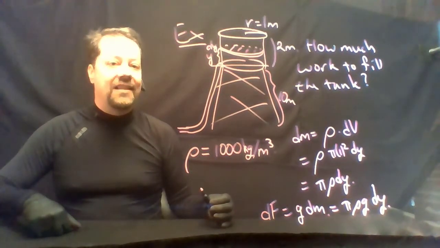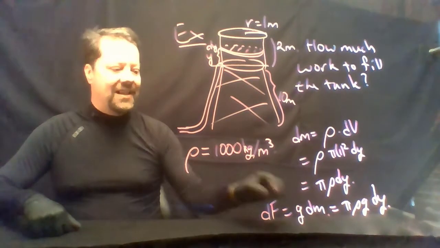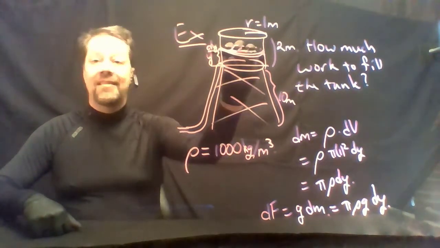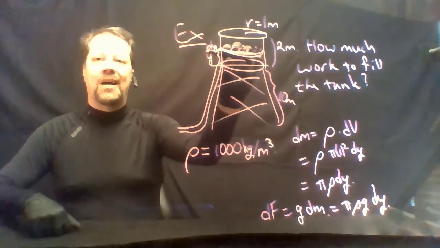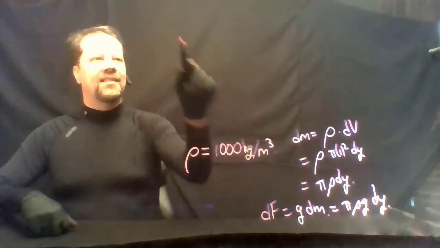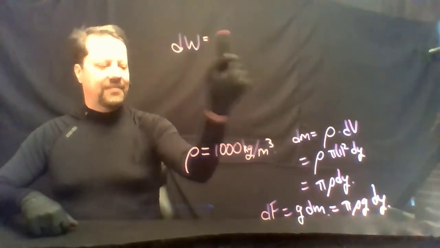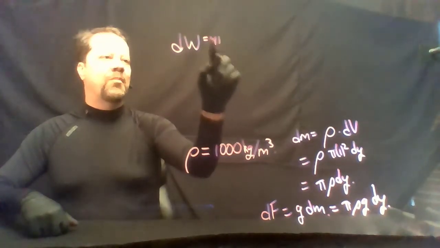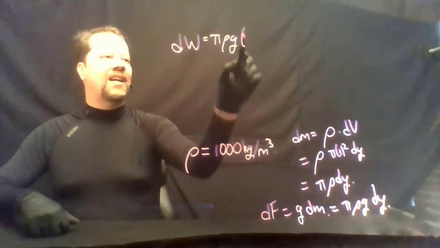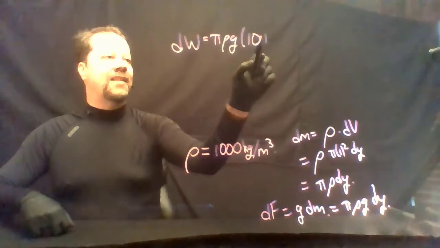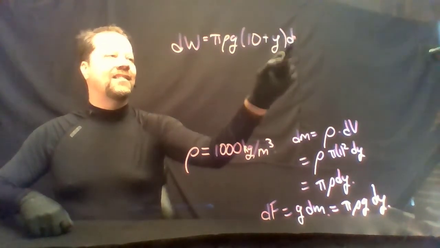To calculate the little element of work, we take the element of force and multiply by the distance, 10 plus y. Our little element of work is pi rho g times 10 plus y dy.